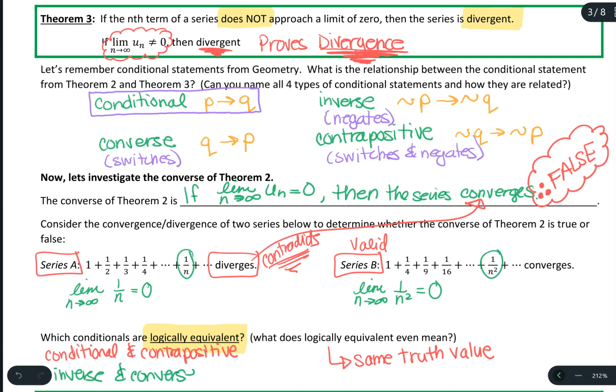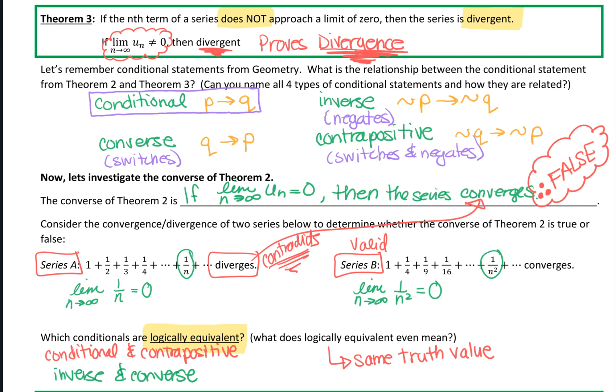So if you know that the inverse is true, the converse is automatically true. If you know that the converse is true, the inverse is automatically true. All right? So the truth value is always the same. So if conditional is false, contrapositive is false. If contrapositive is false, conditional is false. If contrapositive is false, what do you know about the inverse?